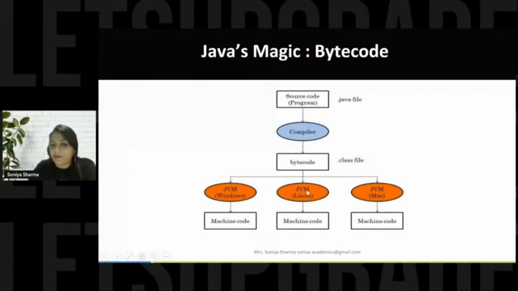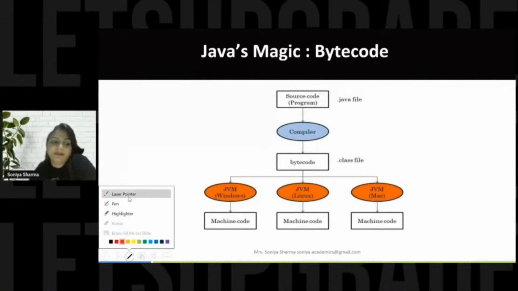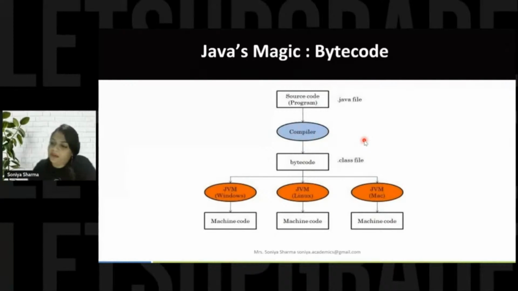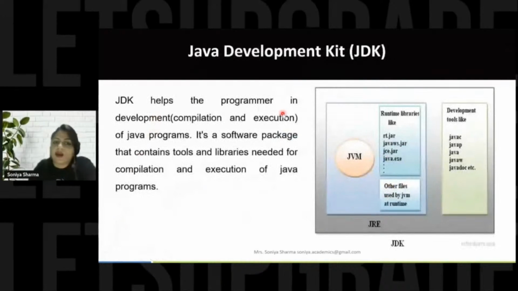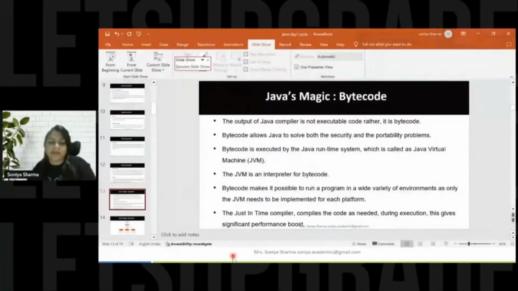In the diagram it has been shown that your Java program is compiled by the compiler. The Java compiler, I'm just giving you the word, just-in-time compiler. I have shown you the JDK kit which was there in my machine.